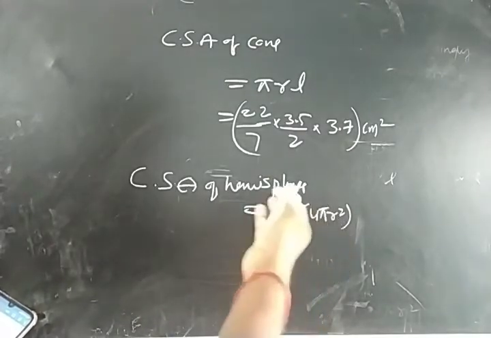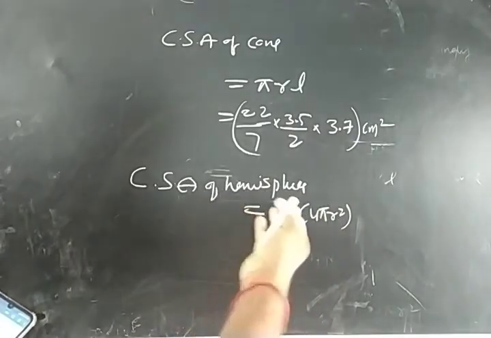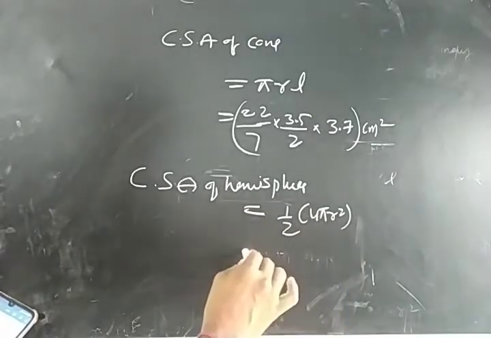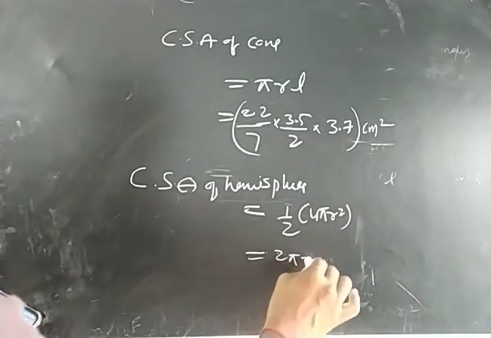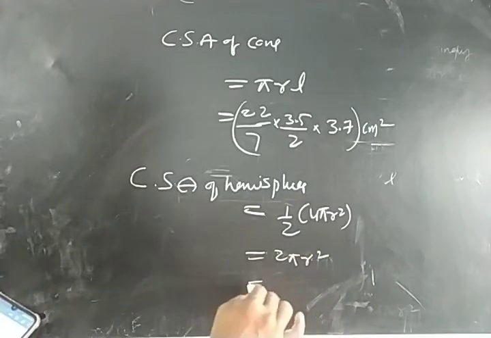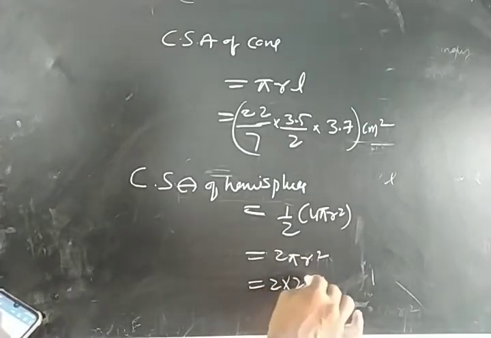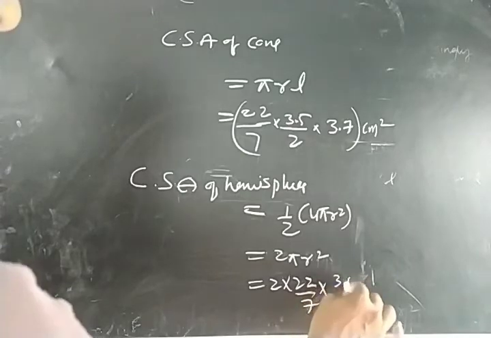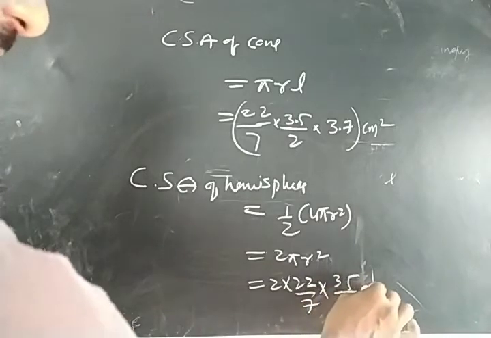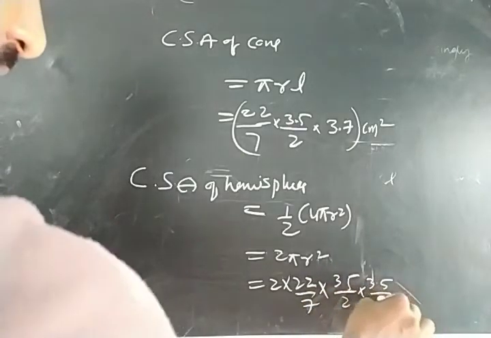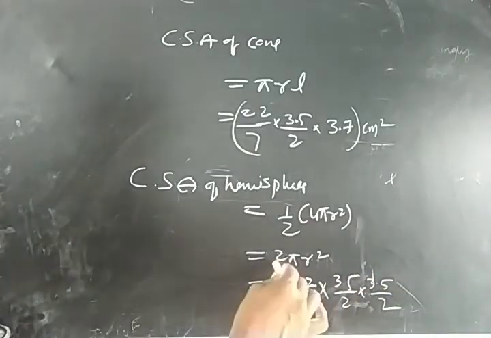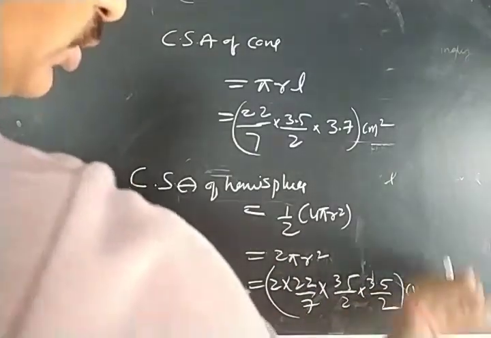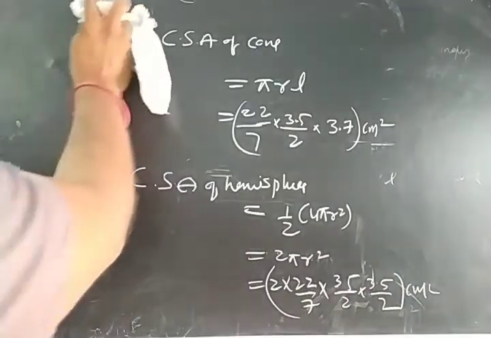So we have half of the sphere, so half of 4 pi r square. So this is 2 pi r square. By substituting the values, you will get 2 into 22/7 into 3.5/2 into 3.5/2, right? Centimeter square.